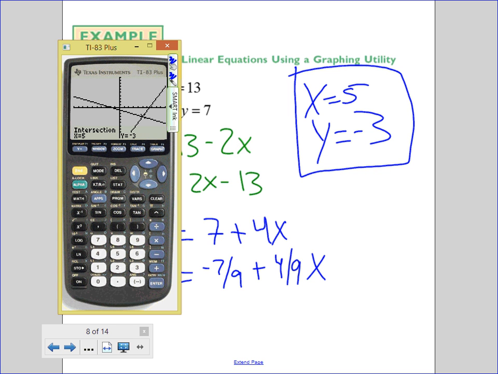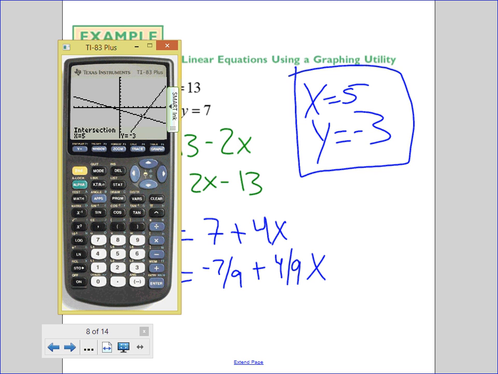So this is a quick way and a great way to check your work, to make sure that you're solving these systems correctly, by finding the intersection. The only issue with using the calculator is if I get a problem that has a really big x value and a really big y value, like the farming problem that we had just done. Well, we got x equals 600 and y equals 400 as our solution for that one.